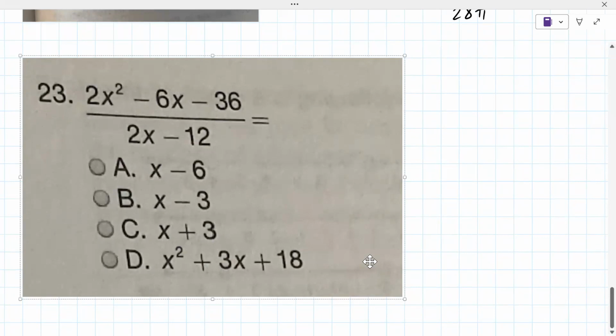Does this one have a canceling? It does, like you're supposed to factor the numerator and the denominator, and something will jump out at you. There is kind of another way to do it, which is to put numbers in for x. I don't recommend that, but that is a possibility here. Because I noticed all the answers are just x.